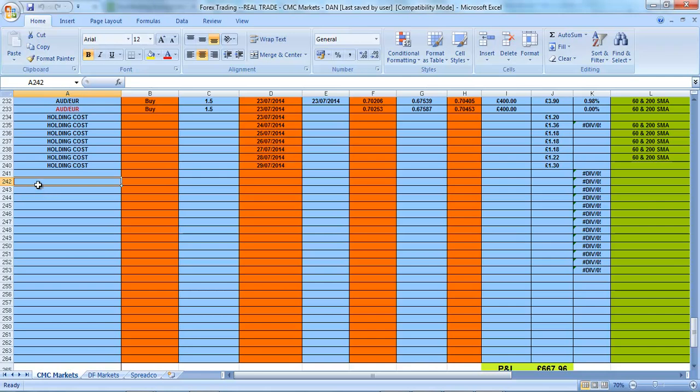And here all you have to do is put in your currency pair that you've just been in, and I believe the one that we've just been in is the NZD JPY.